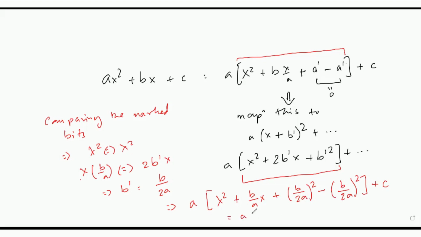Write this out. This is what we shall get. So b squared over 4a is the part that comes out, and plus c. All right. So let's write that down again.